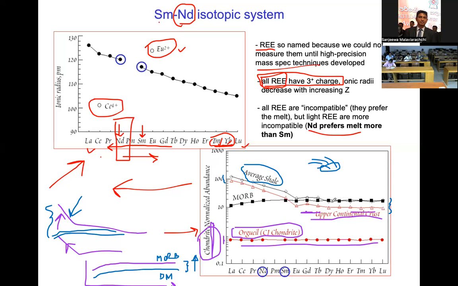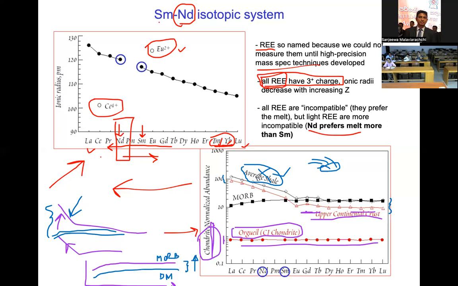But for heavy rare earth elements, there will be no big difference, although it is very close to the MORB composition. Light rare earth elements are very much enriched in the shale composition also, right? But shale, for the time being, you don't need to consider much because we are not using that in our discussions. You can just remember the variation in the other terrestrial reservoirs, right?